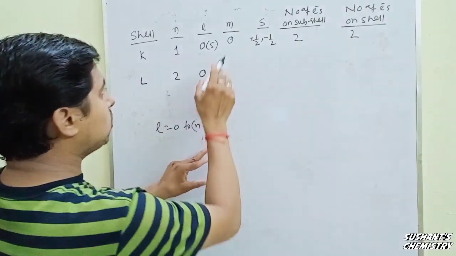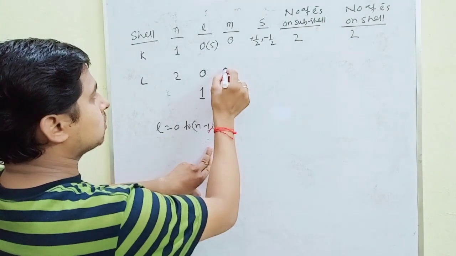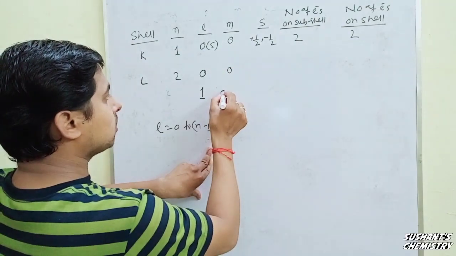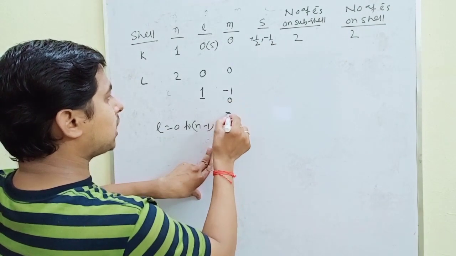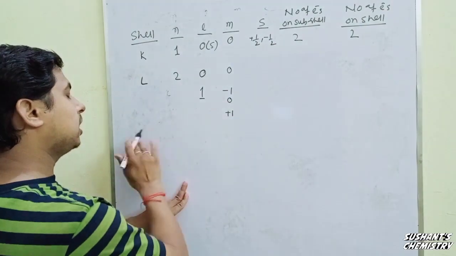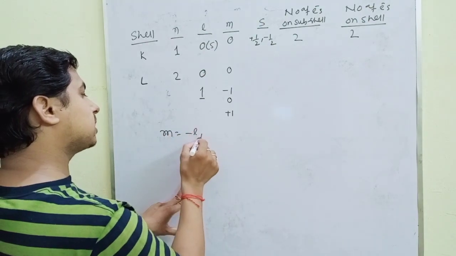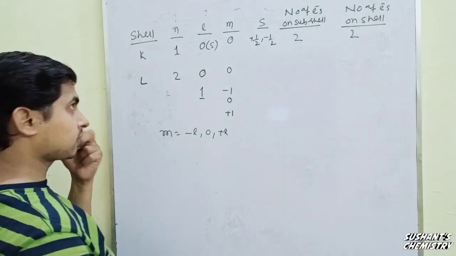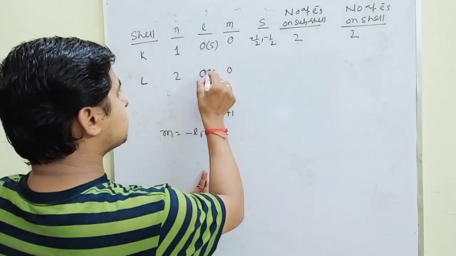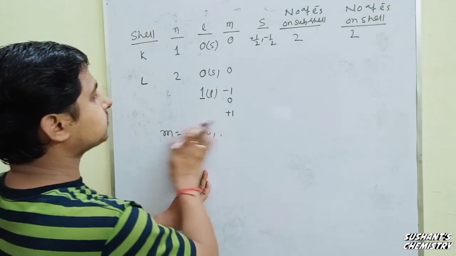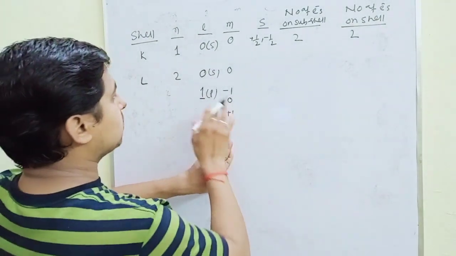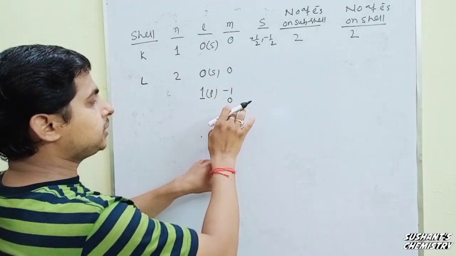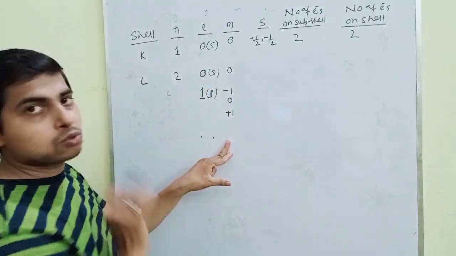Similarly, the value of m becomes 0, and minus 1, 0, and plus 1, because m equals minus L to 0 to plus L. Similarly, that is S, that is P. That means the P subcell contains 3 orbitals, Px, Py, Pz, and the S subcell contains 1 orbital.